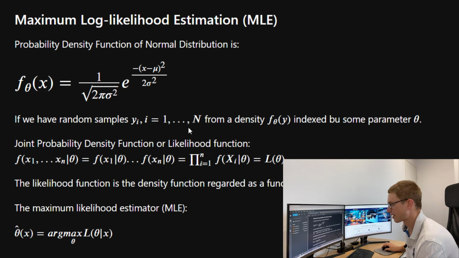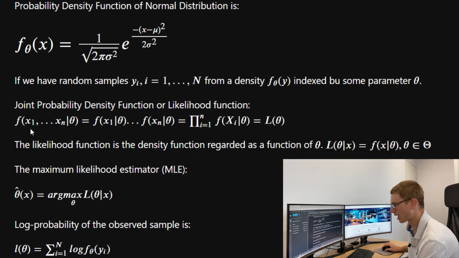If we have a bunch of random samples, y1 and so on, then the joint probability density function, or the likelihood function, is represented by this f here. It's the product of all the individual samples given the parameters that we have, denoted by theta. So this is called the likelihood function.